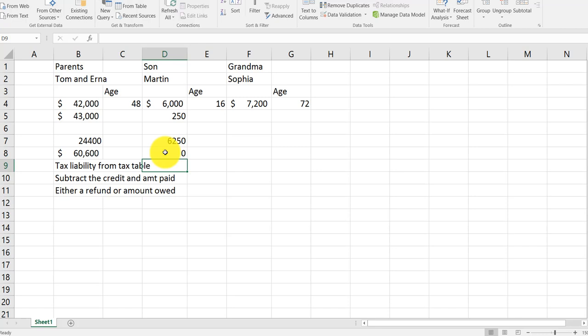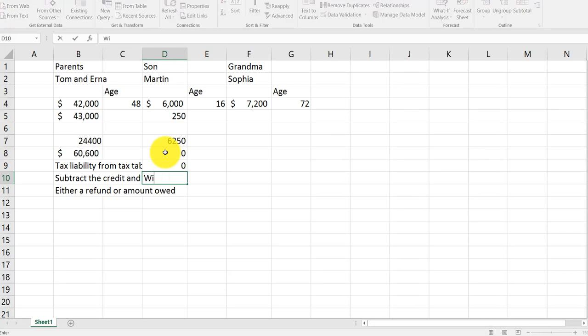So if he had anything withheld, obviously his tax liability from the tax table is also going to be zero. If your taxable income is zero, your tax liability is zero. He's not going to have any credit, but he may have paid in.